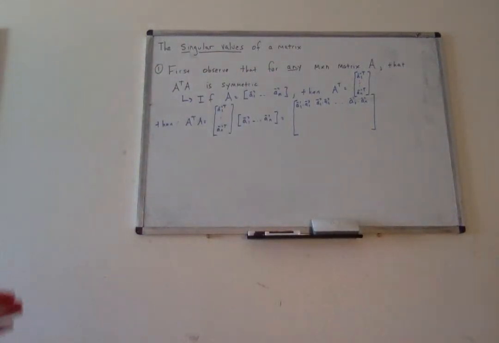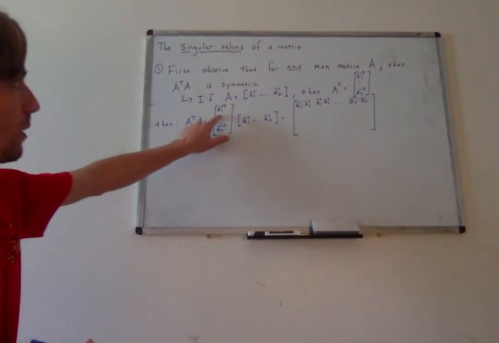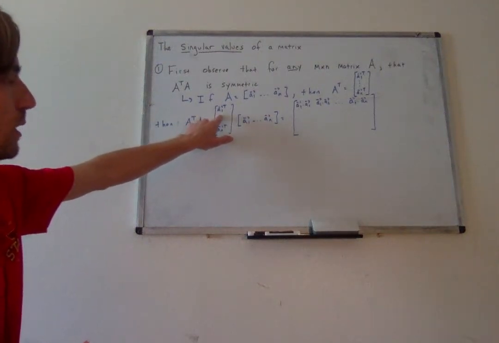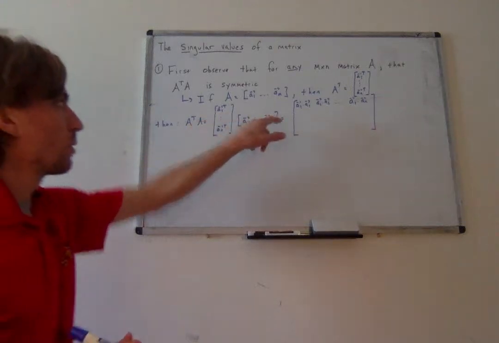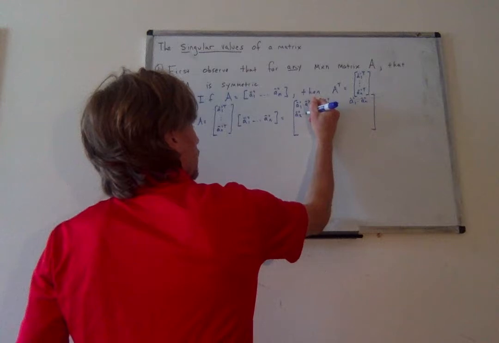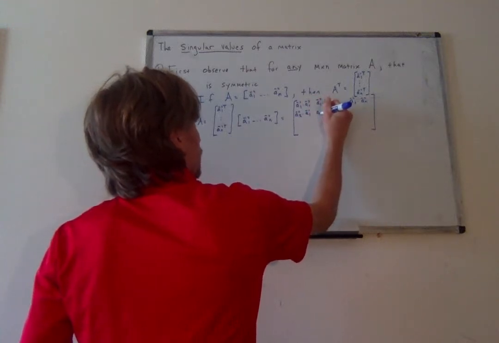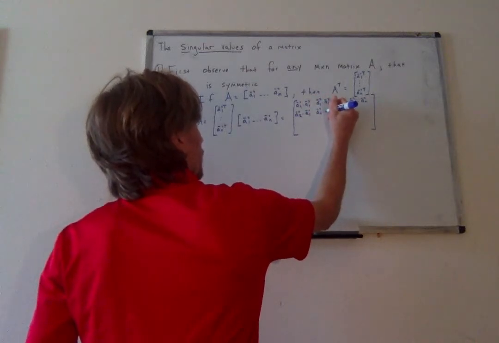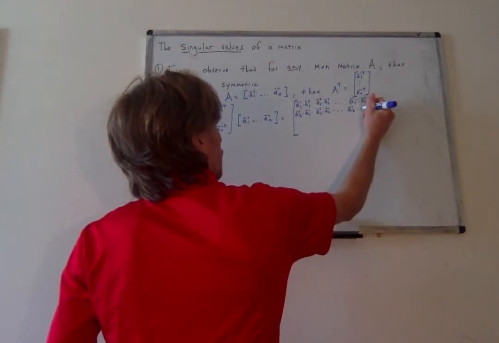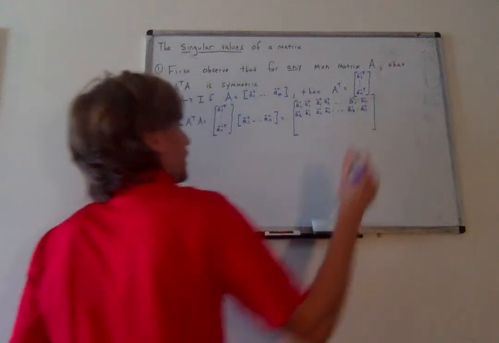But notice now, when I go down here to the second row of A transpose, this entry is going to be A2 dot A1, A2 dot A2, through A2 dot AN.